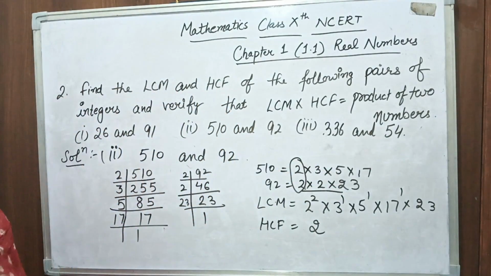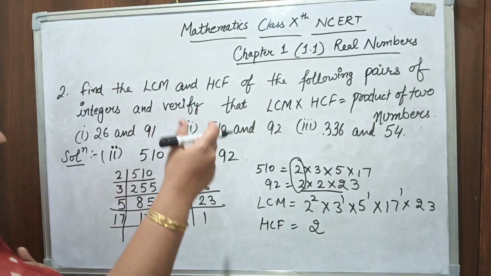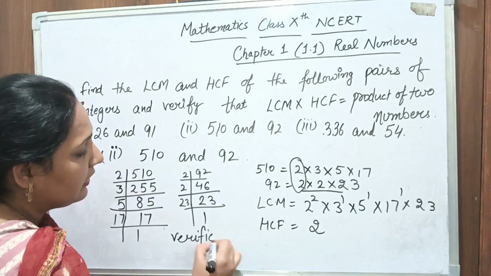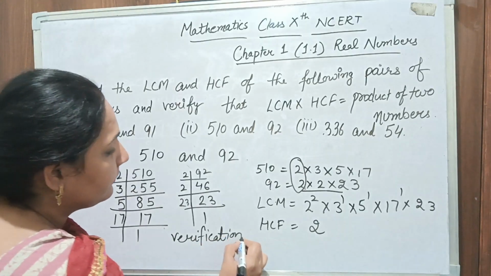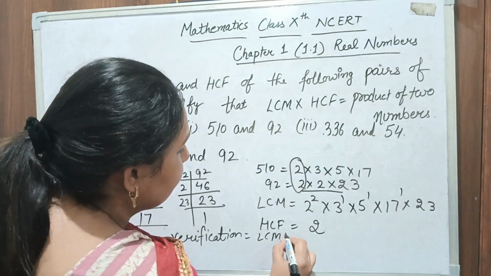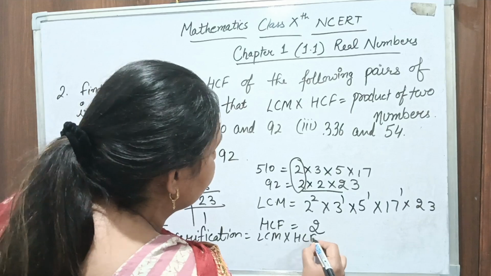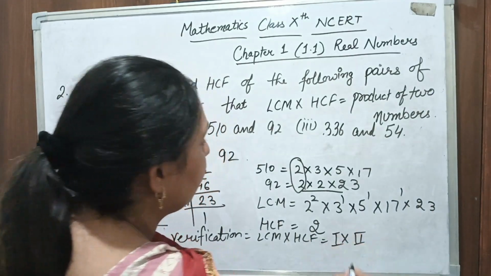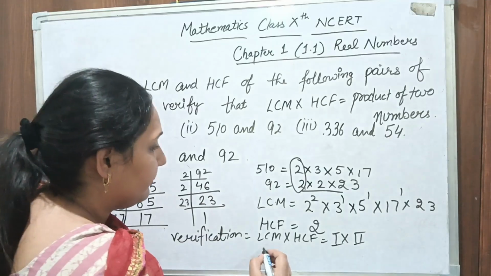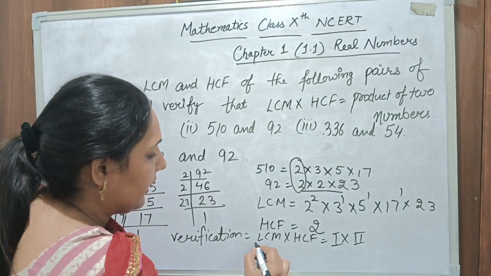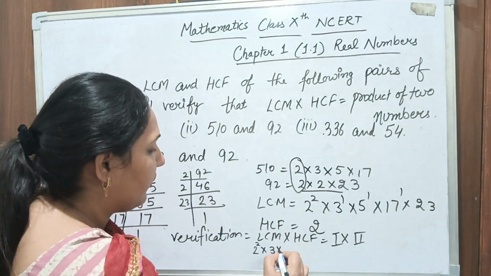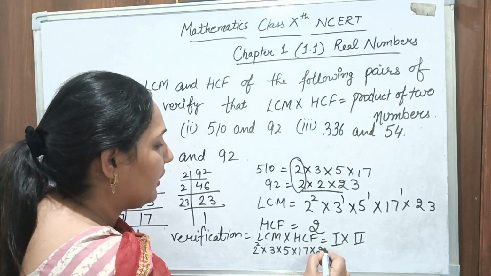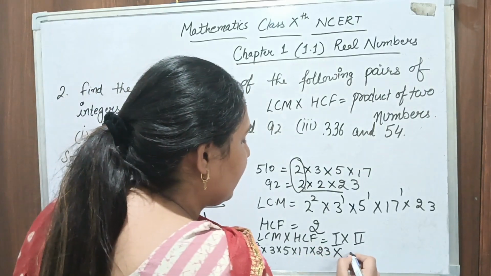You can multiply the LCM and HCF and again verify it by using the formula: LCM multiply HCF is equal to first number multiply by second number. LCM is 2 square multiply 3 multiply 5 multiply 17 multiply 23 and HCF is 2.